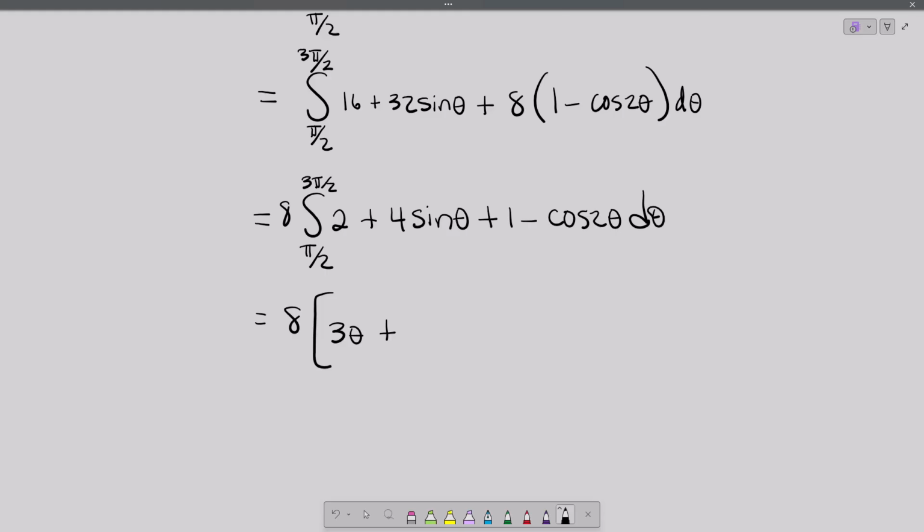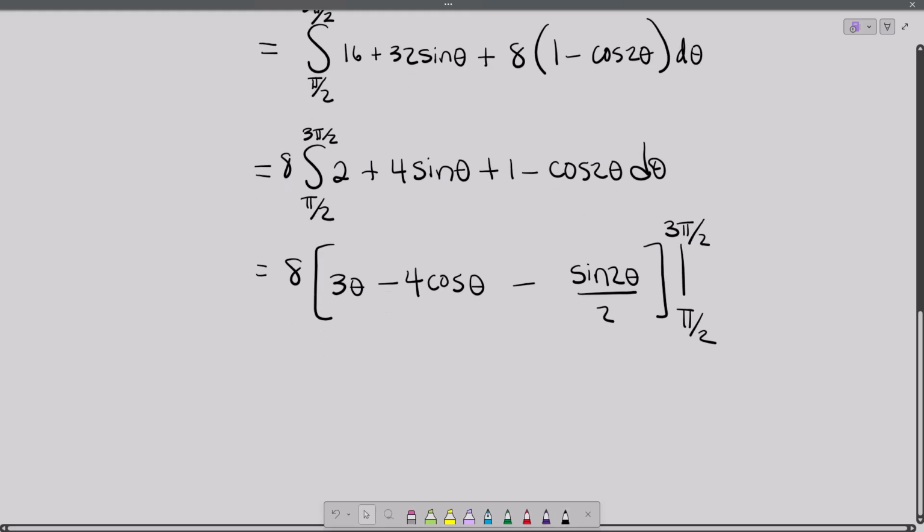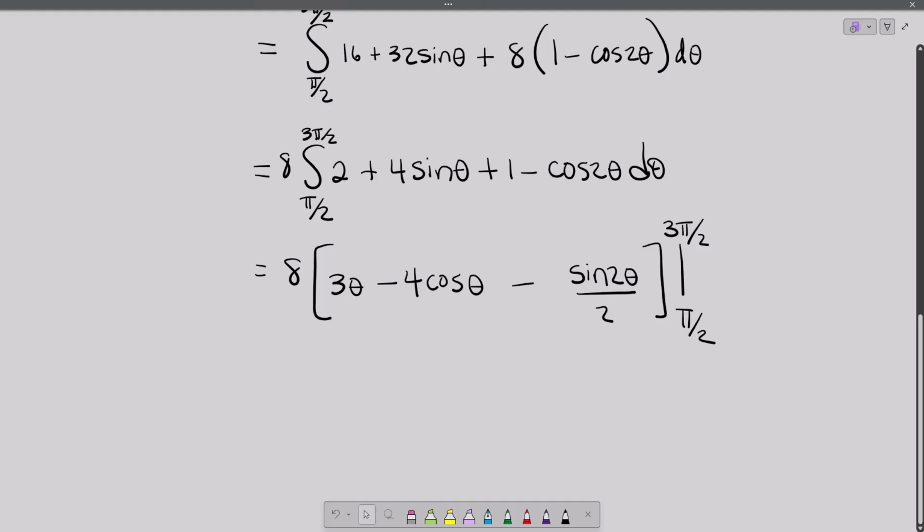We integrate sine and get negative cosine. We integrate cosine and we get sine of 2 theta divided by 2, and that's going to remain negative. And then we're going from pi over 2 to 3 pi over 2. Cosine of pi over 2, 0. Cosine of 3 pi over 2, 0.